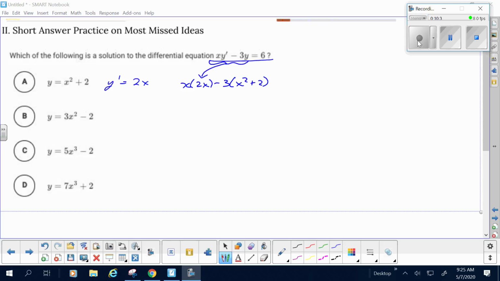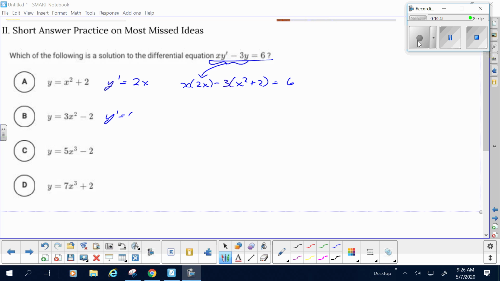So if I substituted in y prime and y, do I get something that would come out to be 6? Well, you can see the x squareds would have to go away, and they don't. 2x squared minus 3x squared is still left, and you do not have 6. So that's not true.